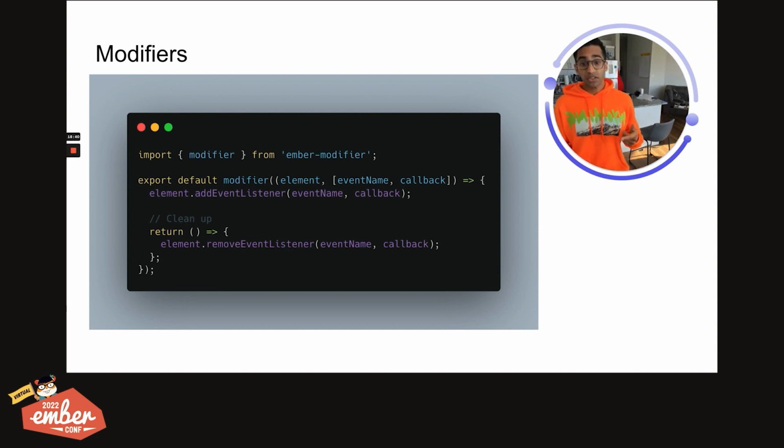And then this function itself is also a higher order function in the sense that it returns out a function on its own. That function that it returns out is what will be fired once we hit the destroy part of the life cycle. So this is whenever we're planning to do some cleanup effect.